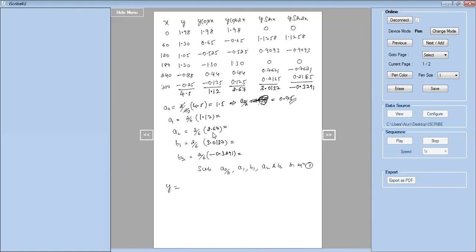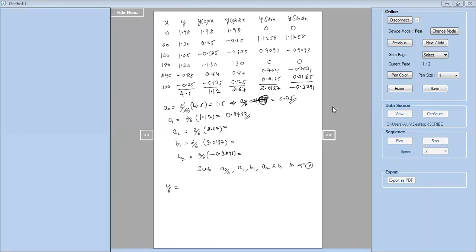Anybody calculated A1? No calculators? 0.3733, sir. A1, right? Yes, sir. 0.3733, correct.